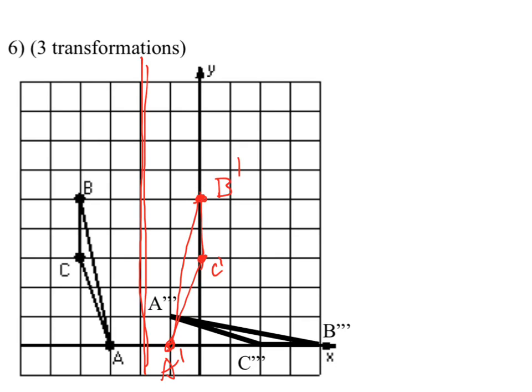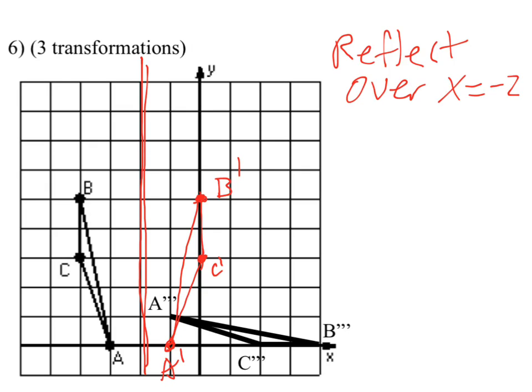And then if I do a 90-degree rotation to the right, let me write down that step. So that's reflect over x equals that number there, which is -2. And then I'm going to do a 90-degree rotation, but this time it's also going to be clockwise.